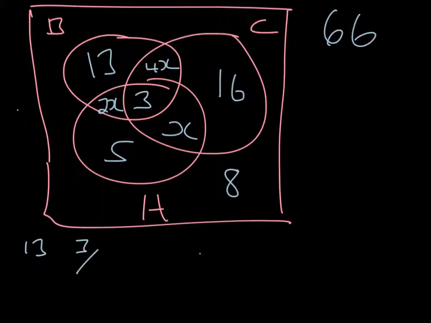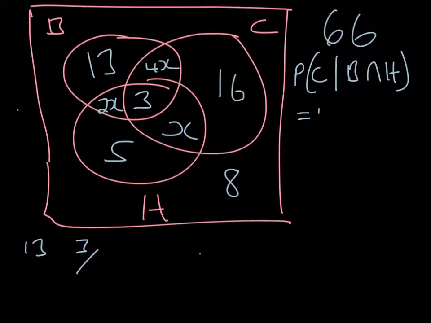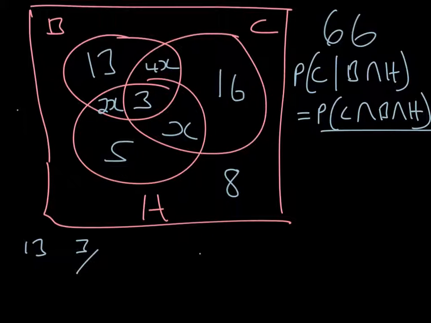Using the formula, effectively we're being asked to find the probability that the person went on the coach trip, given that they took the boat and the helicopter. To do that, using the formula, we need to find the probability that they took the coach and the boat and the helicopter, i.e. all 3, divided by the probability that they took the boat and the helicopter.